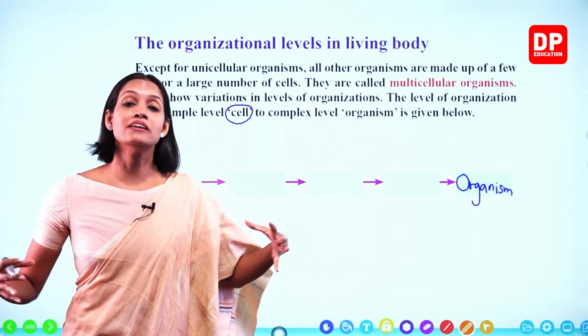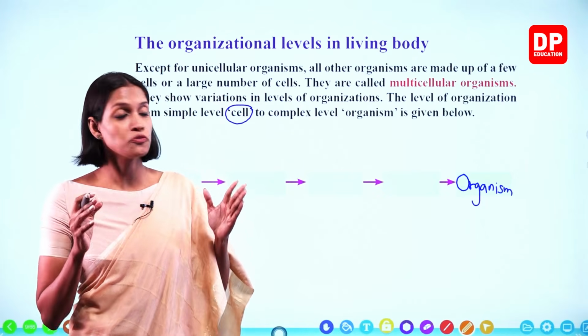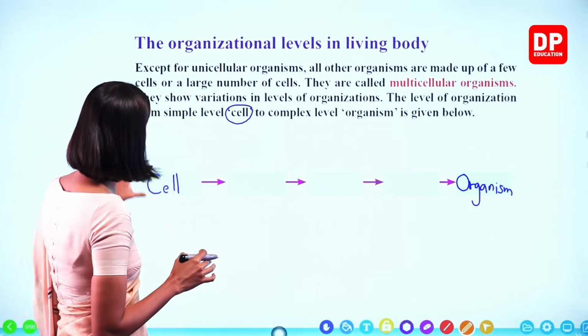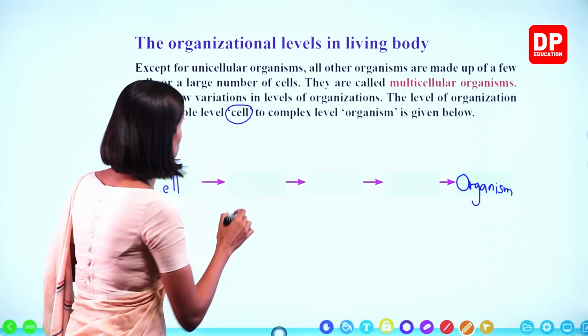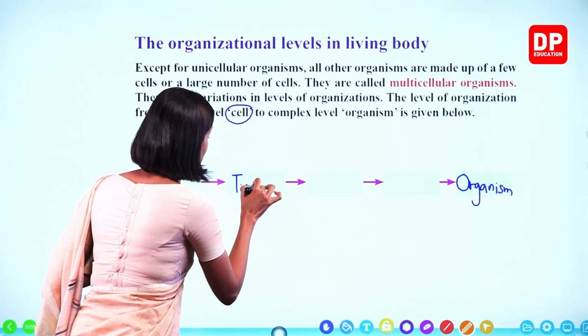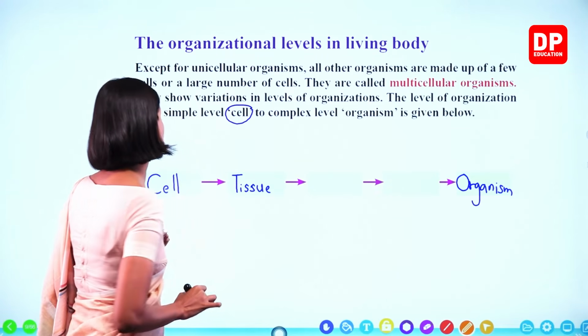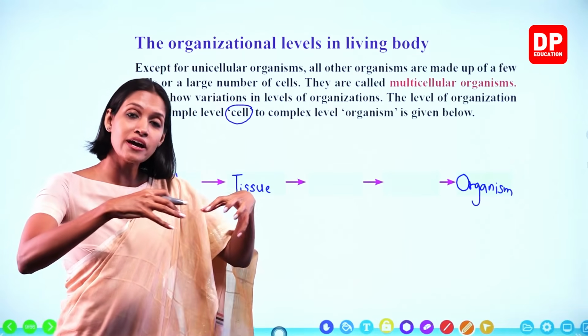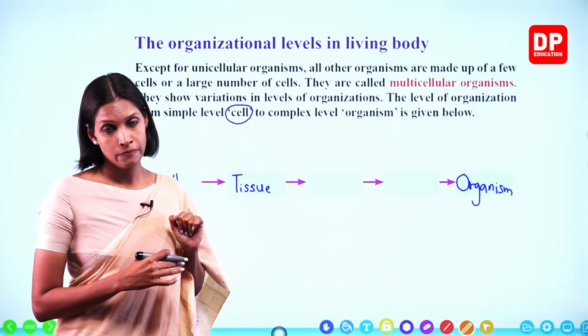By combining many cells, another structure is formed. More than one cell combined is known as tissue. We are going to learn the correct definitions of tissue and all the other parts as well. When cells combine with each other, a tissue is formed.